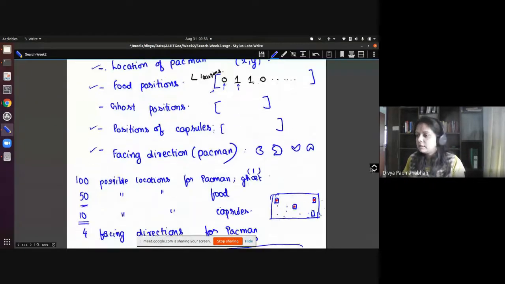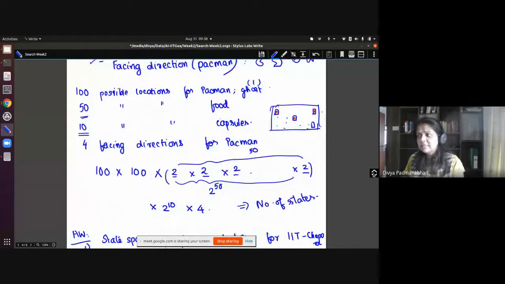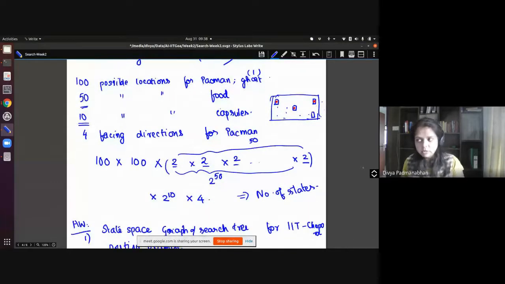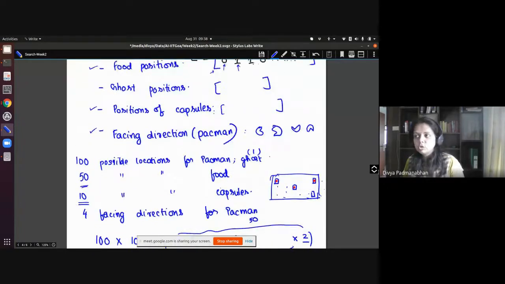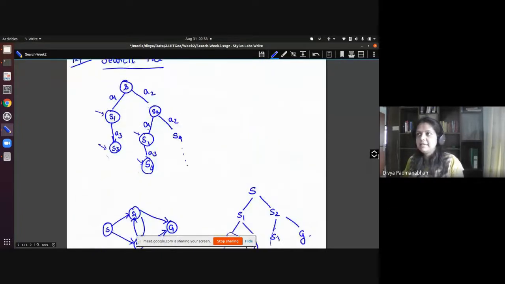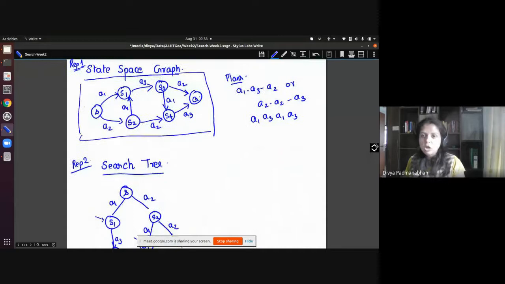We also saw that the state space can become really large and it can be exponential. So typically you don't store the entire state space graph in memory. As and when you require, you generate parts of this graph.